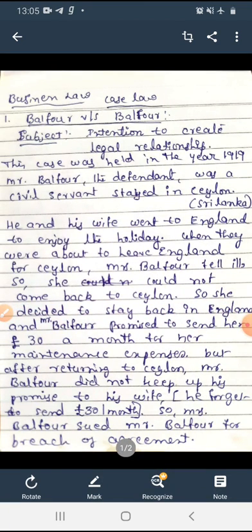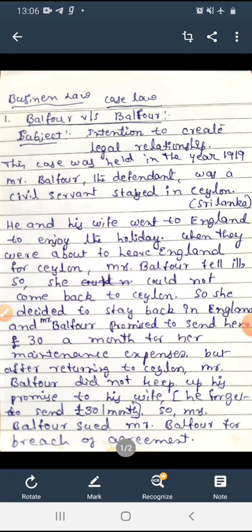Once again, briefly I will explain. This case is relating to the intention to create legal obligation. This case was held in 1919. Mr. Balfour, the defendant, was a civil servant in Ceylon. Ceylon means Sri Lanka. He and his wife went to England for enjoying the holidays. When they were about to leave England, Mrs. Balfour fell sick.